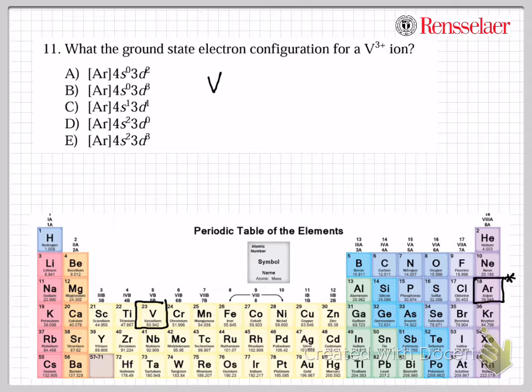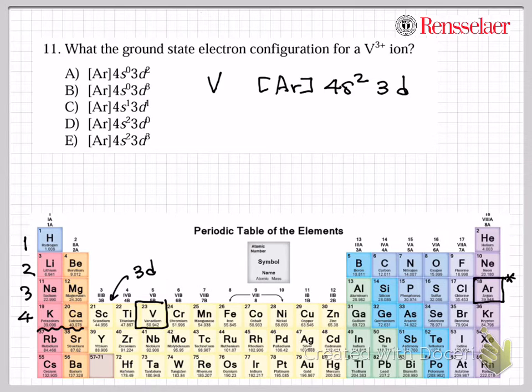So the vanadium electron configuration will be argon, 1, 2, 3, 4, so 4s2, and then 3d orbitals, 1, 2, 3. So it will be 3d3.